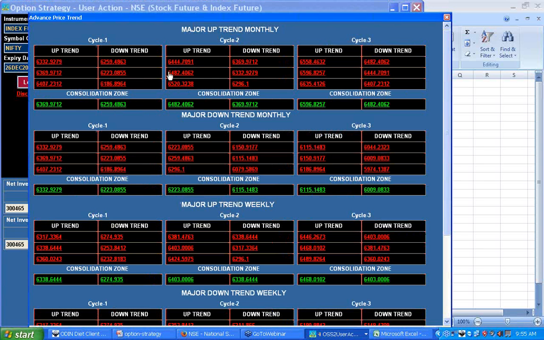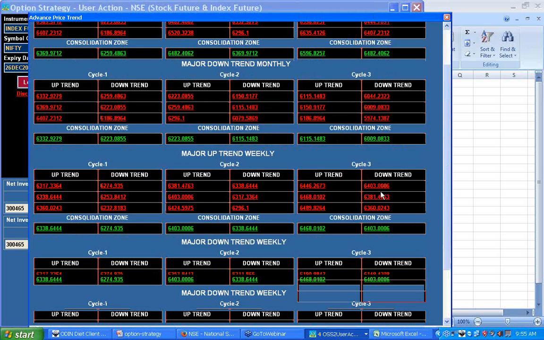So this is the uptrend for this month. For this month we are expecting a maximum of 6596, and in a downtrend a maximum till 6009.